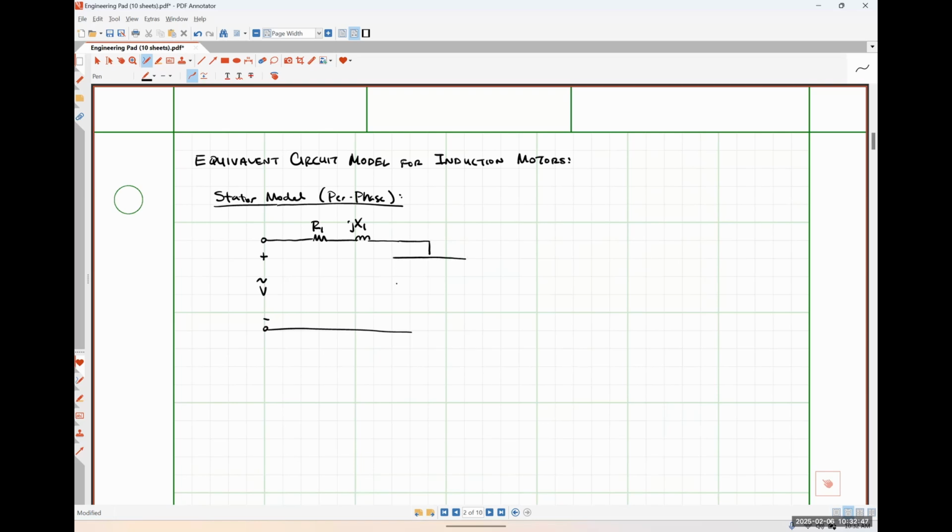I'm going to have some shunt components. So I'm going to have a core that I'm magnetizing. So I'll have some resistance RC. And then just like in our transformer, I'm going to have some reactance, my magnetizing reactance, jXM.